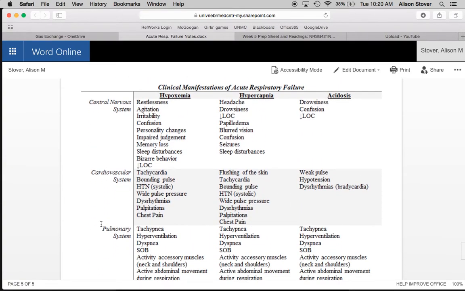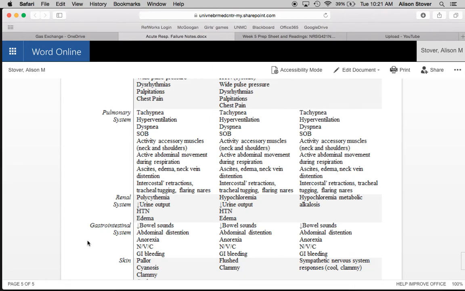If you can understand what's happening in the body, you should be able to understand what's happening in each system. So if your patient's hypoxic, they're going to be tachycardic and have a bounding pulse. If you can understand why that happens in hypoxia or hypoxemia, then you'll be fine. You can think your way backwards through what's occurring in the central nervous system, cardiovascular, pulmonary, skin, and renal systems.